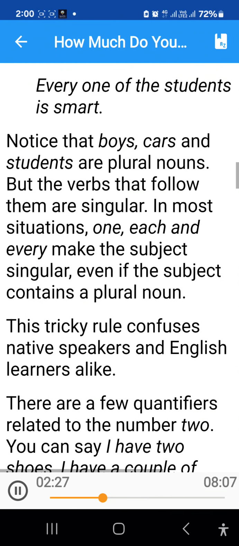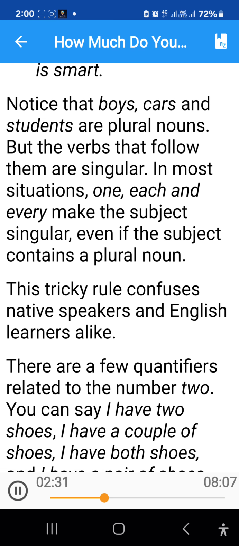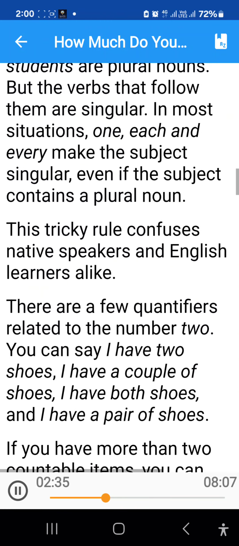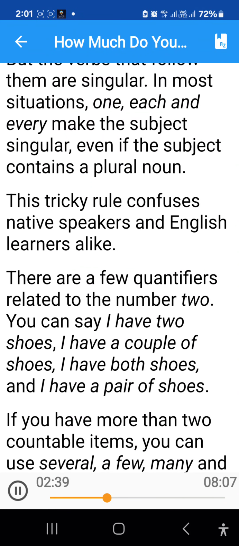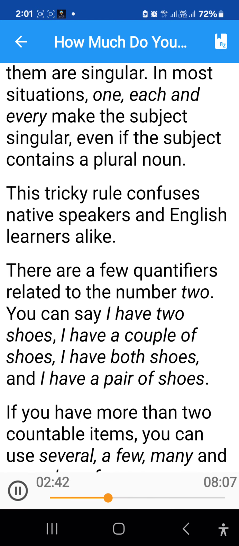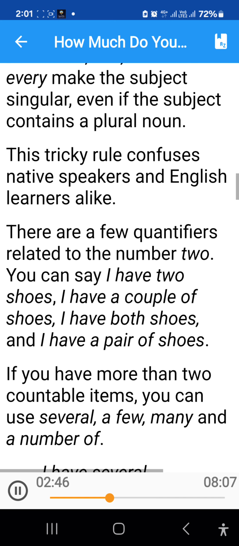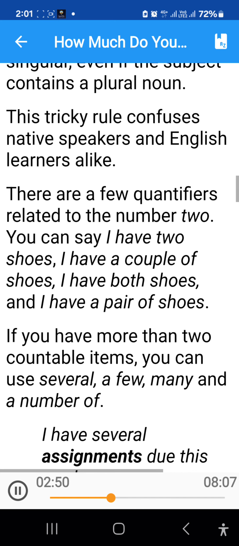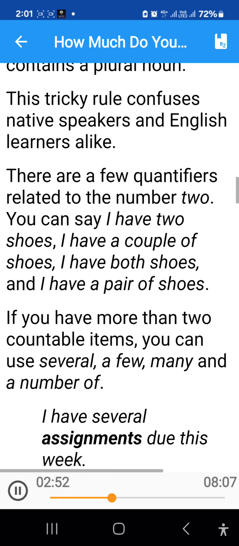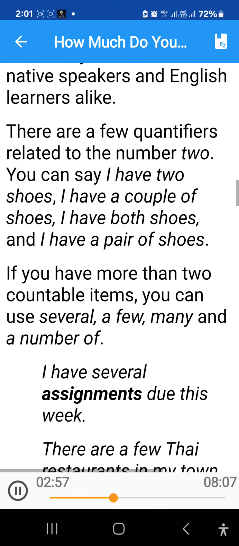Notice that boys, cars, and students are plural nouns, but the verbs that follow them are singular. In most situations, one, each, and every make the subject singular, even if the subject contains a plural noun. This tricky rule confuses native speakers and English learners alike.